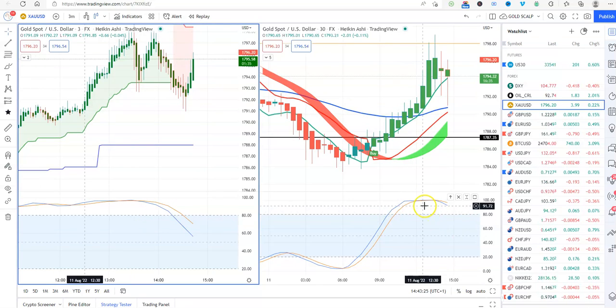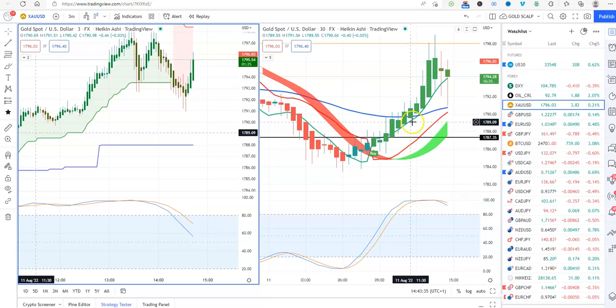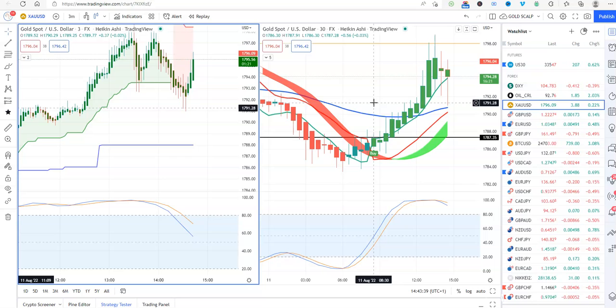But what's happened here is the stochastic on the left is overbought. The stochastic on the right is overbought. These are conditions not to be traded at any stage, because at any moment now you can see the price just fall like a stone, and you don't want to be in any direction at the moment.